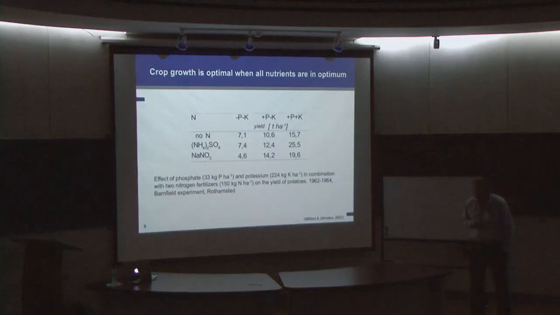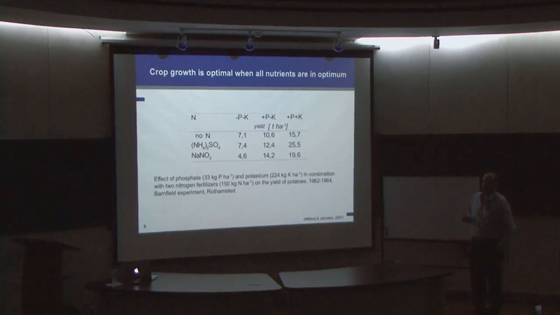So in general, I just want to start with a very classical experiment from Rothamsted in southern England, where people did work on the major nutrients for farmers, NPK, nitrogen, phosphorus, and potassium.